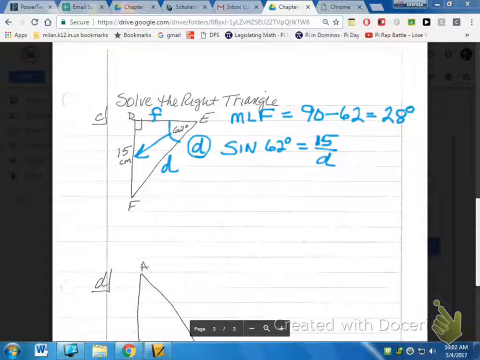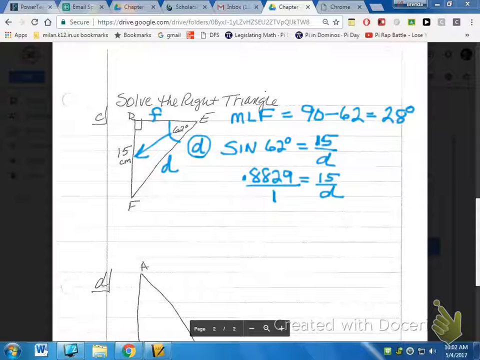All right, now I am going to figure out what sine of 62 degrees is. We know how to do that, right? On your calculator, you hit the sine, not inverse sine. Now we know the angle measure. So sine of 62 degrees, and I'm going to write 4 decimal places, 0.8829 equals 15 over d. All right, I'm going to look at this like a proportion. So basically put that over 1.